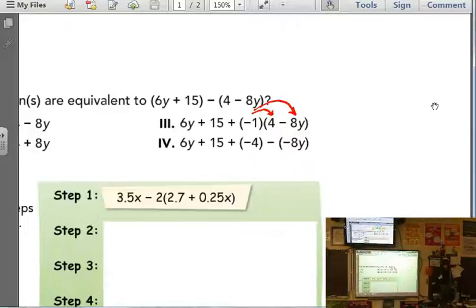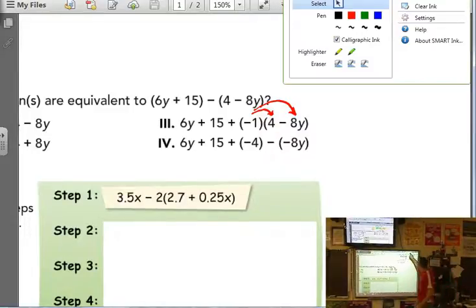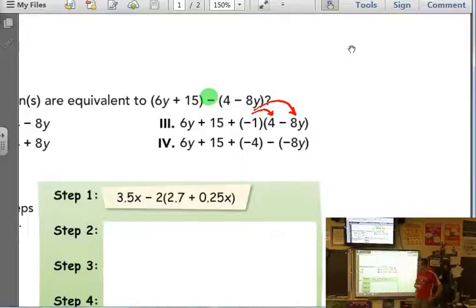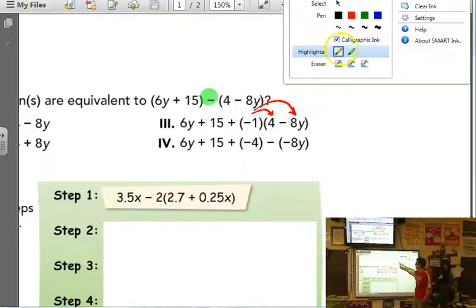So, Acadia, when you look at number 3, anything jump out at you? Why does that jump out at you? Yeah, I agree. So we had a minus up here, whereas here we have a plus.